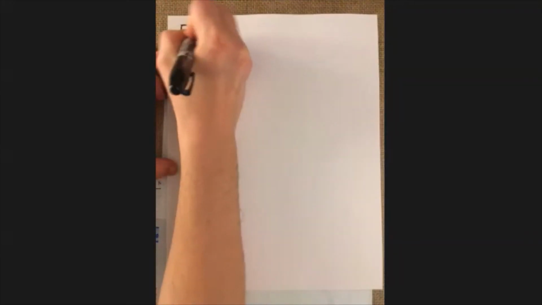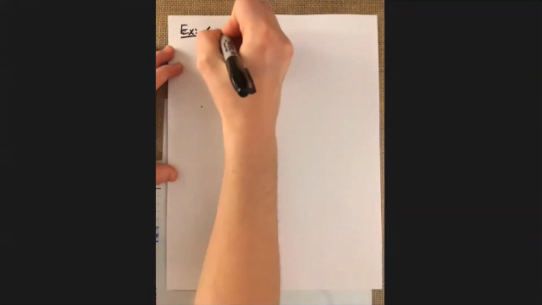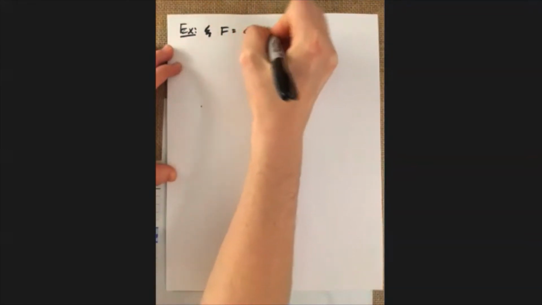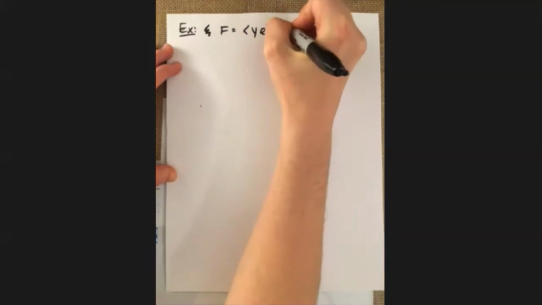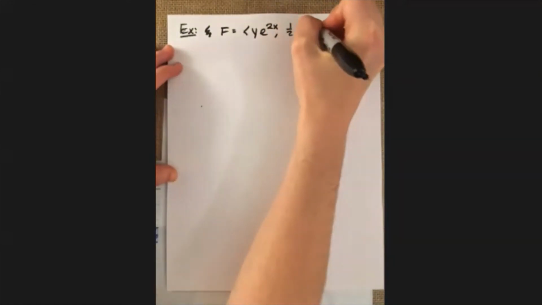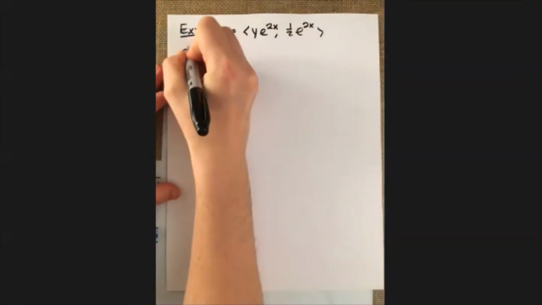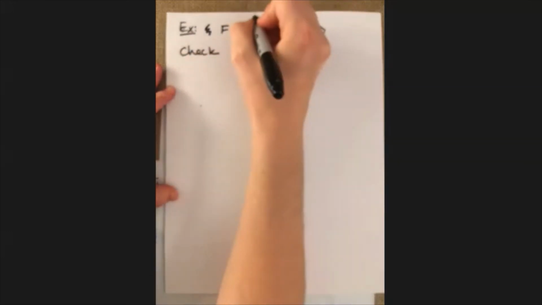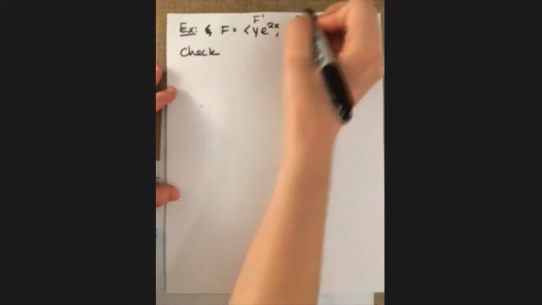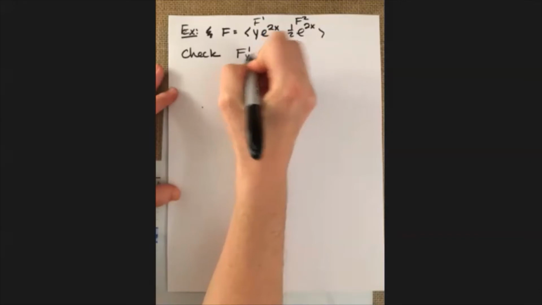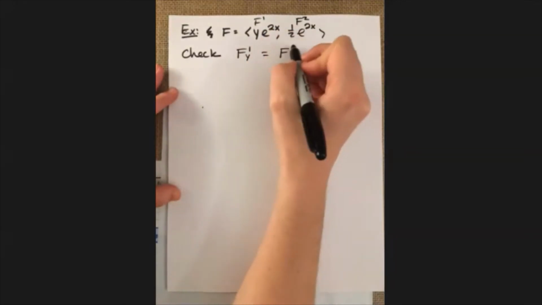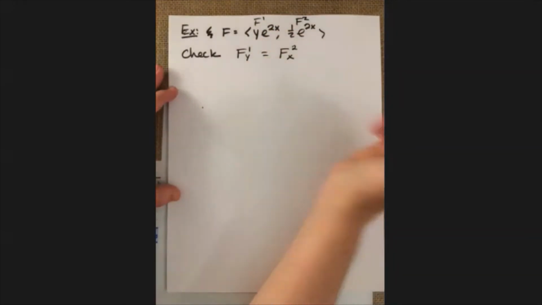Okay, so let's do f equal to y e to the 2x, and then 1/2 e to the 2x. So once again, we're wanting to check that if this is my f1, f2, that f1 partial with respect to y is equal to f2 partial with respect to x.